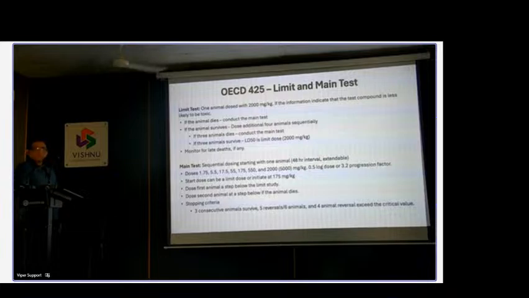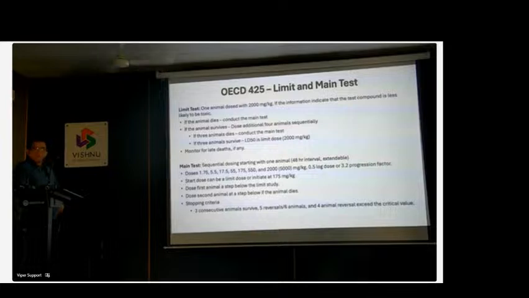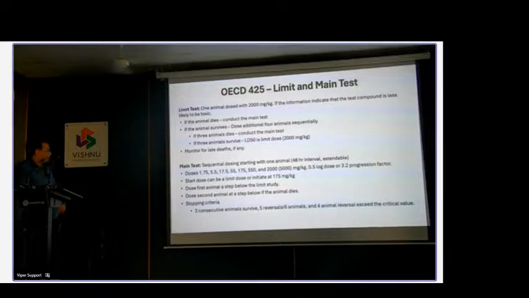The dose levels you use are with a half log or 3.2 progression, which is, as I said, 10, 20 or any of these doses: 1, 3, 10, 30, something like that, and they are similar to this one. If you don't know much information, maybe you can start with 175, but usually this limit test would guide you to select the dose.